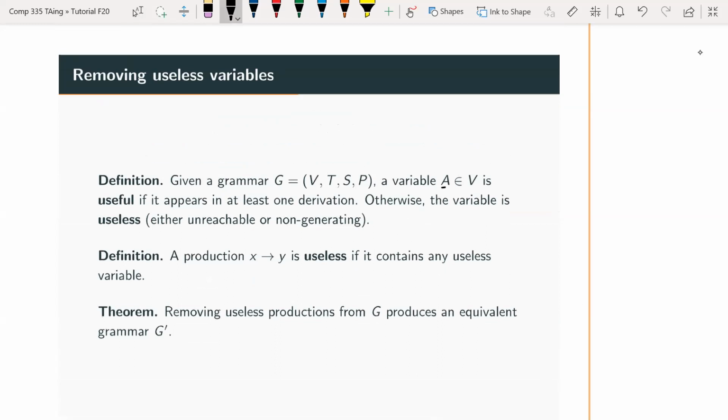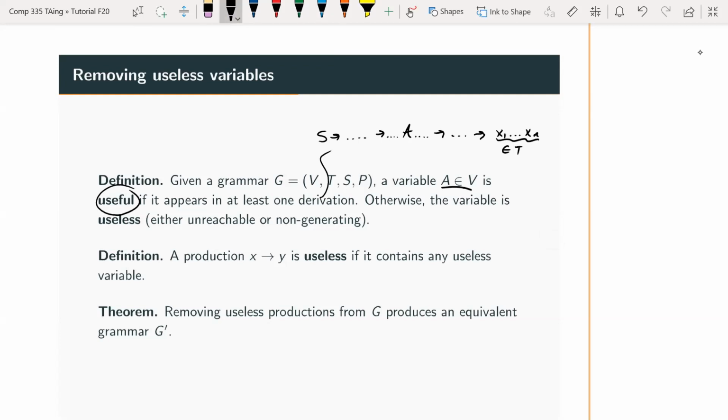So a variable A in the set of variables V from a grammar G is said to be useful if it appears in at least one derivation. That means that if I start in S, and I can find a derivation where I get some terminals, then keep the derivation going, and then get a string, where sigma is in the set of terminals, right?